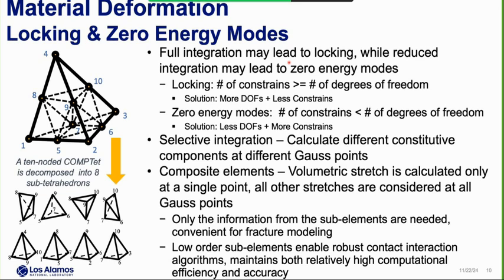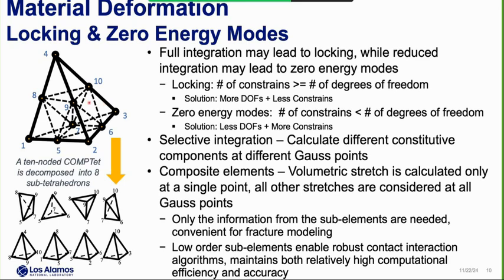Practically, we usually use a technique called the selective integration approach to avoid both locking and zero energy modes. The basic idea is very simple: we calculate different constitutive components at different Gauss points. As demonstrated on the left-hand side, this is a 10-noded composite element that we developed in HOSS.